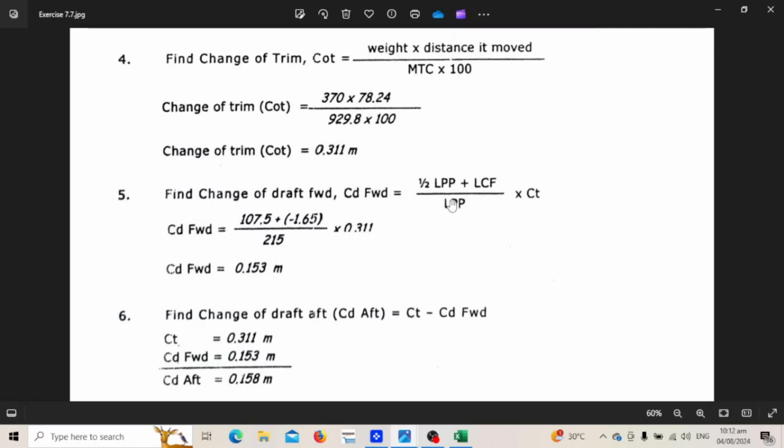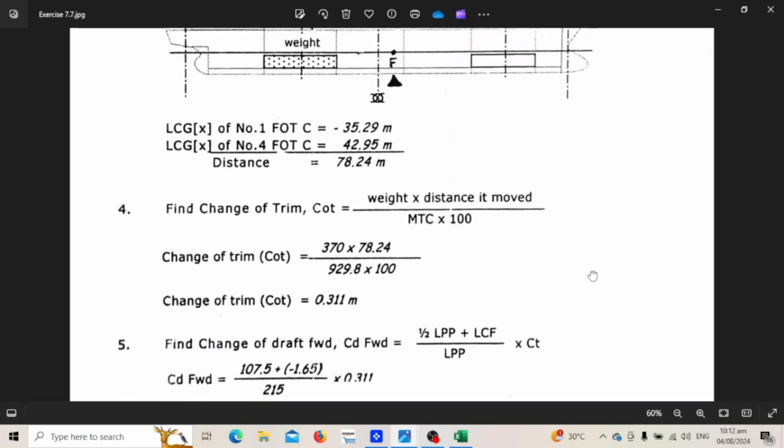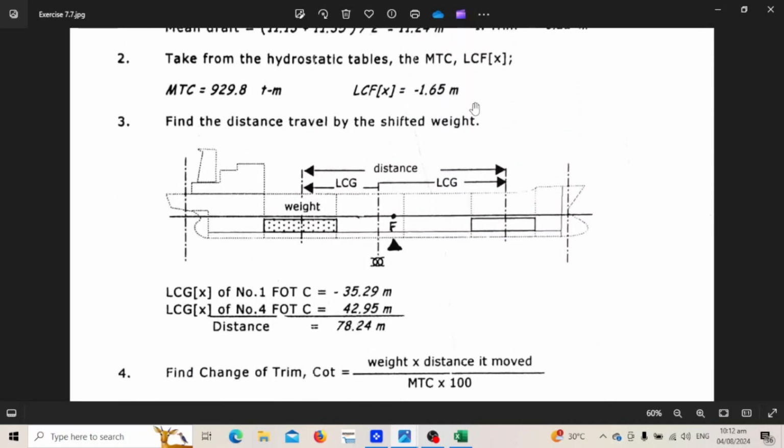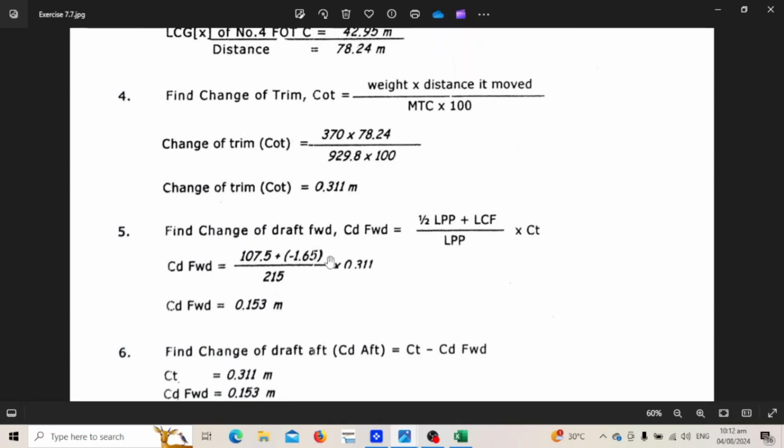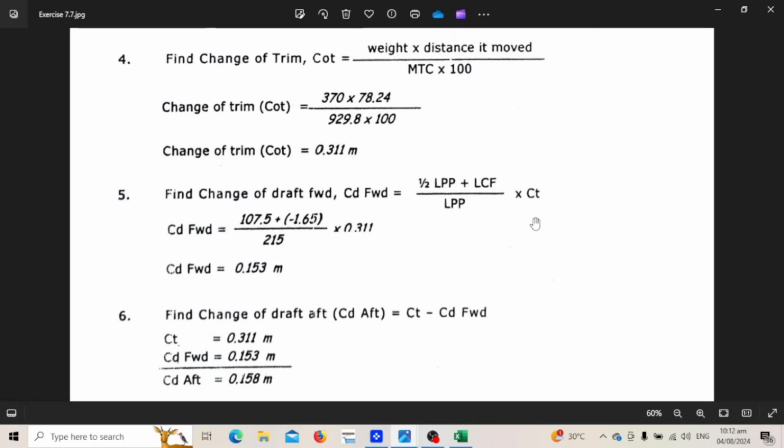Your LCF is this one, negative 1.65, okay? So that's negative 1.65 over LPP 215 times your change of trim, which is this one, okay? And the answer to that change of draft forward will be 0.153. That will be your change of draft forward, okay?